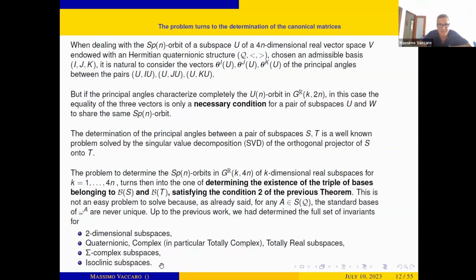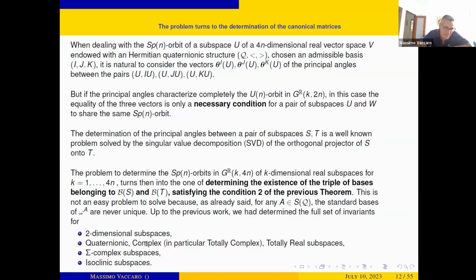And then the isoclinic subspaces. This just shows that two months ago I had given the full sets of invariants only for these particular cases. These are important cases, but nevertheless I wanted to solve the complete problem.